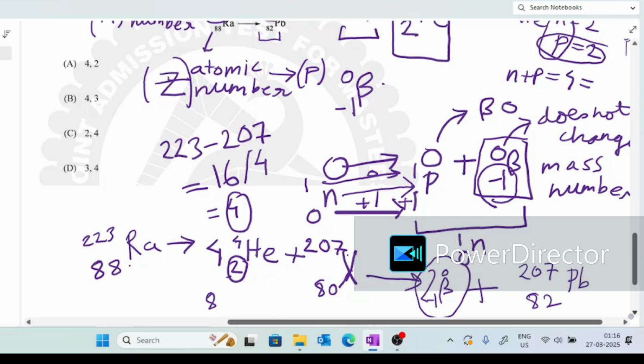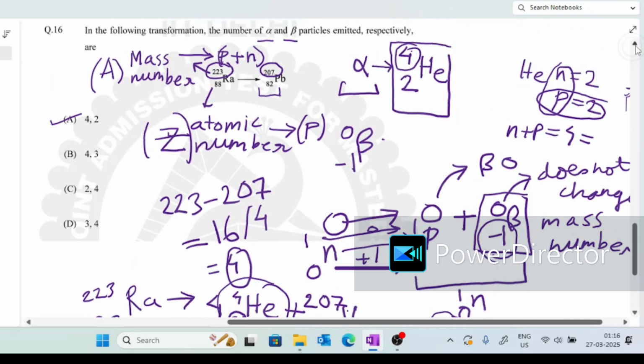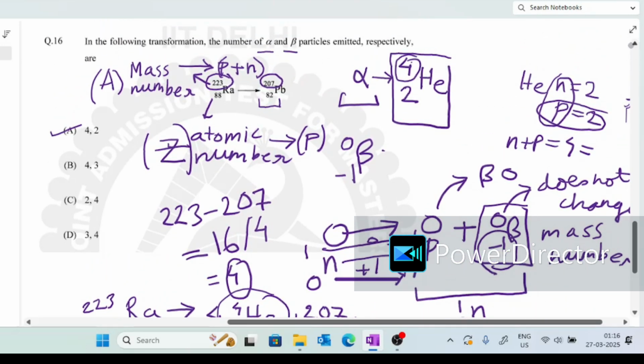So now you have 2 beta particles and 4 alpha particles. The answer would be A, 4 and 2. This way you can very quickly solve this type of question if it ever comes in any exam.